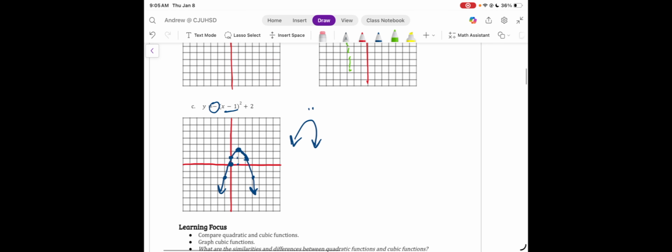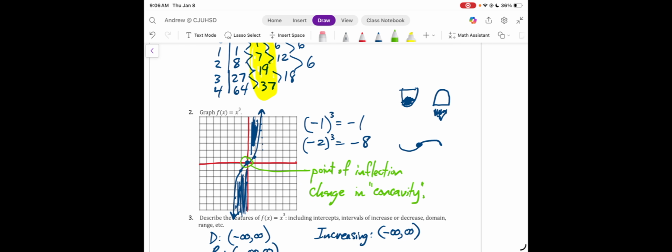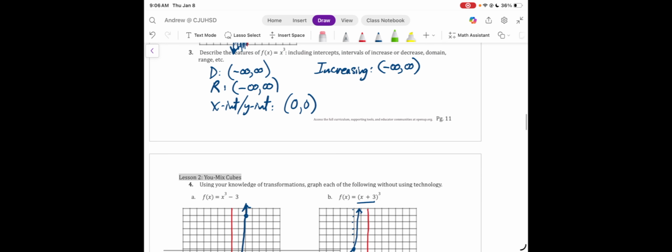For a cubic, there is some symmetry, but it's reflected through the origin to the other side. We call that rotational symmetry. It has 180-degree rotational symmetry. So what should we write here about just different symmetries?